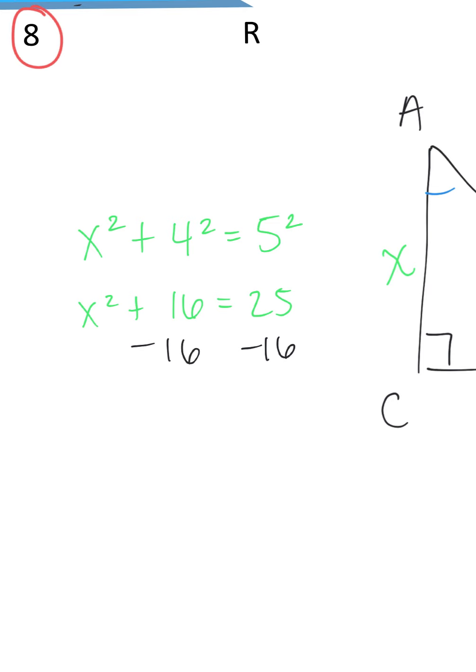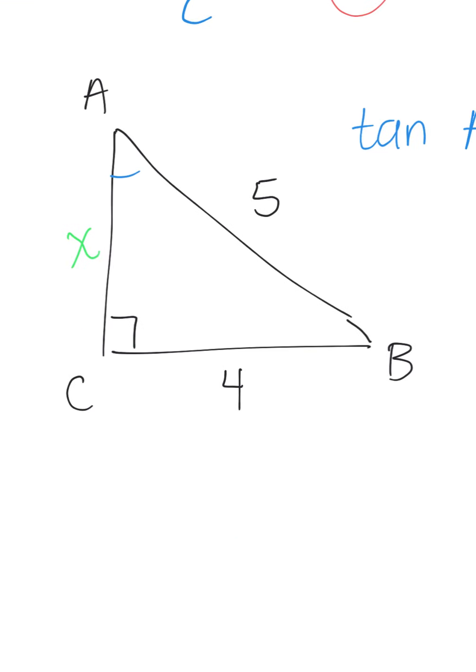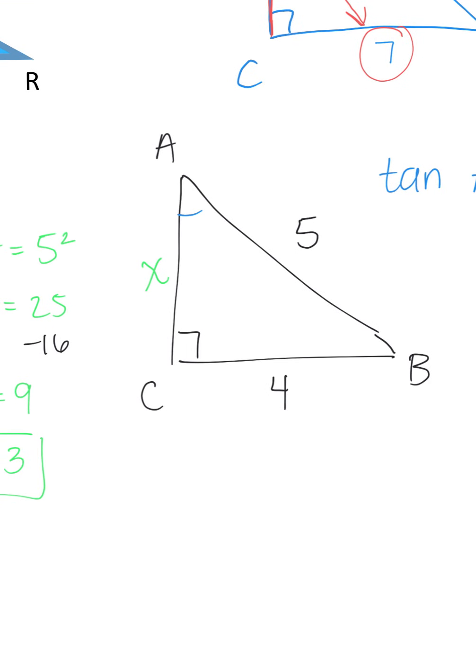We're going to get x squared equals 9. So what's x? 3. Now we can find the tangent of A. What should the tangent of A be? If this is 3. 4 over 3. And the tangent of B? 3 over 4.